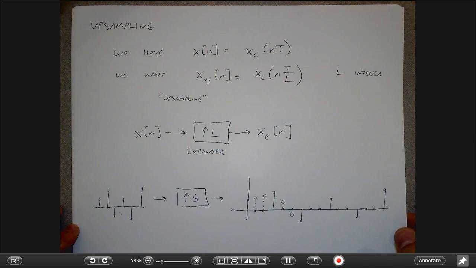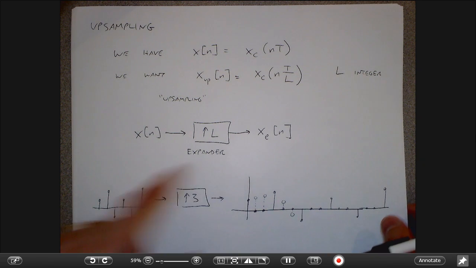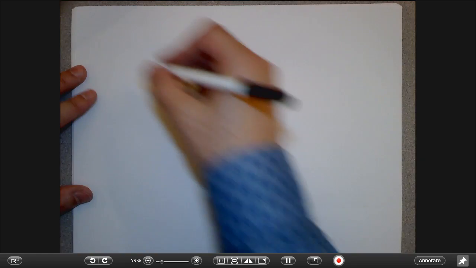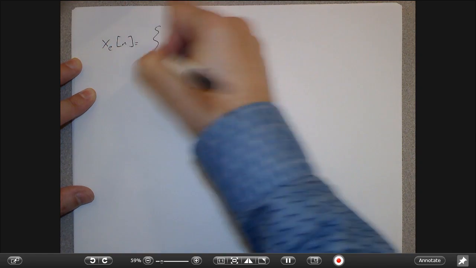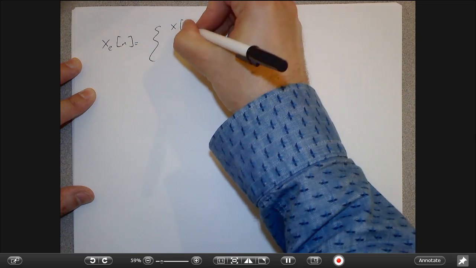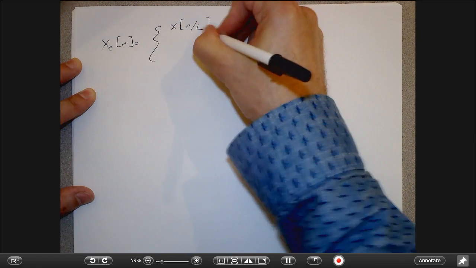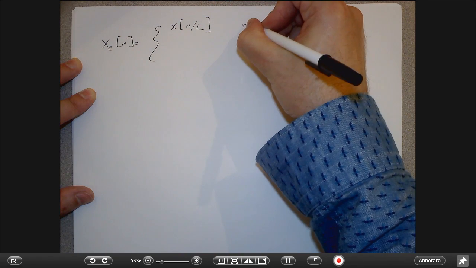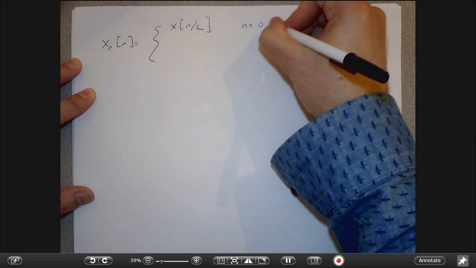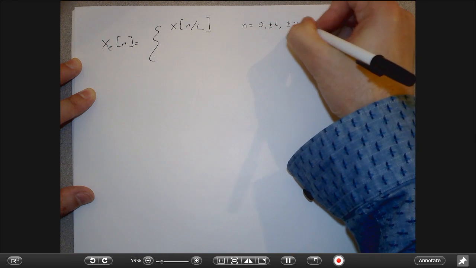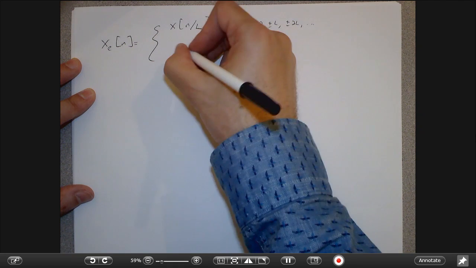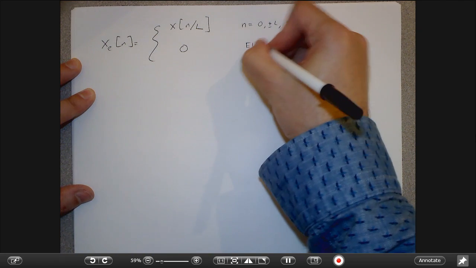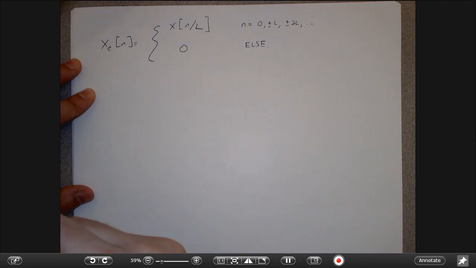So maybe first of all, let me be a little bit clearer. What is the expander doing? The expander is saying that when my n is a multiple of L, I basically take that corresponding sample, and it's 0 otherwise. Okay.